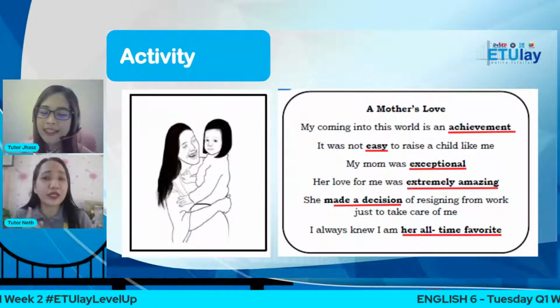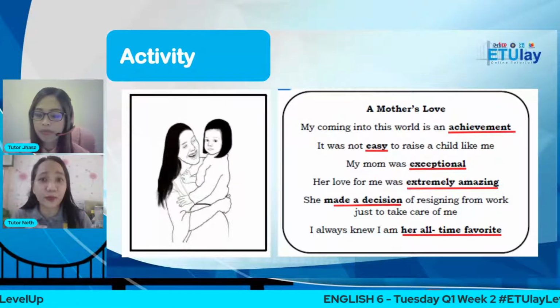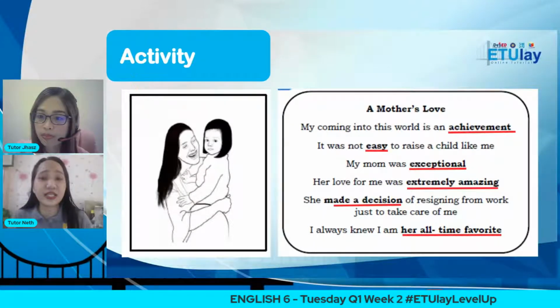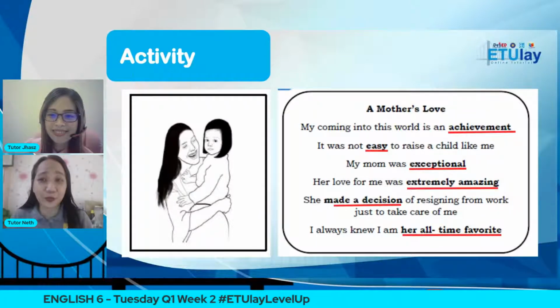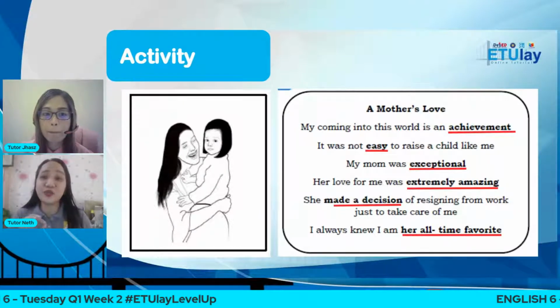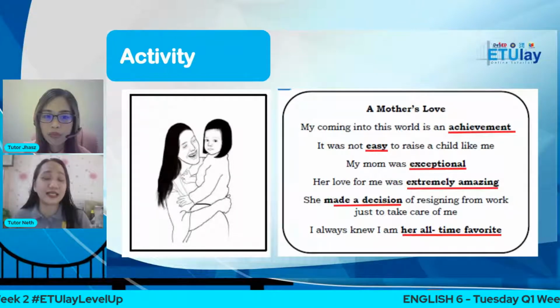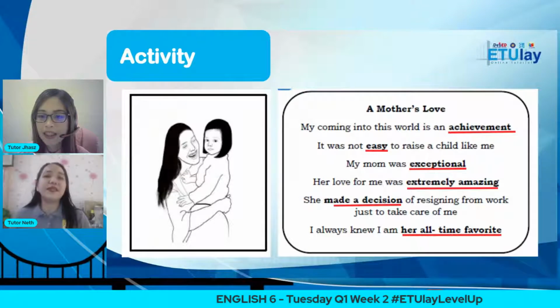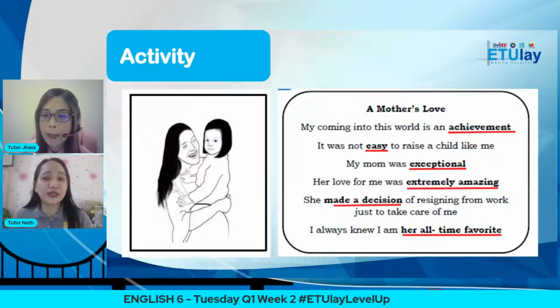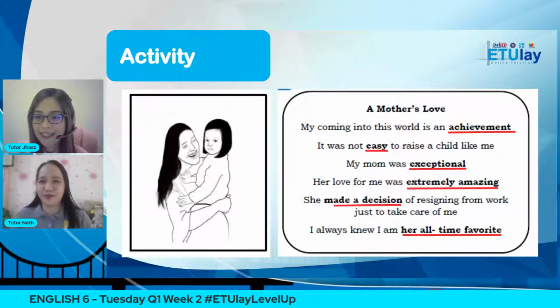So if we are to know the essence of the poem as expressed by the meaning of the phrases used, it goes this way. So let us read again the poem. Pero ngayon, hindi na yung idiomatic expression ang babasahin natin. Okay? So my mother's love, my coming into this world is an achievement.